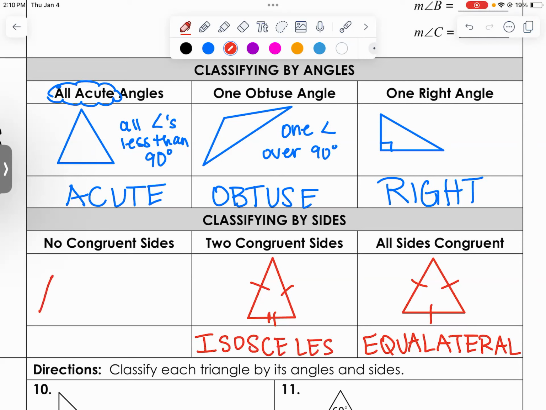Okay, and then he already gave it away. If we have no sides congruent, every side has a different measure, then it is called a scalene triangle.